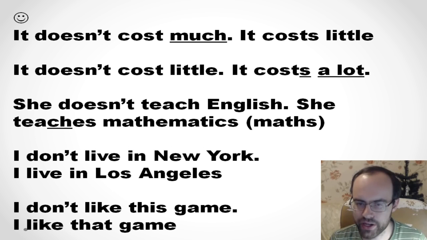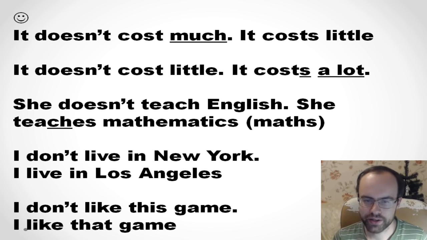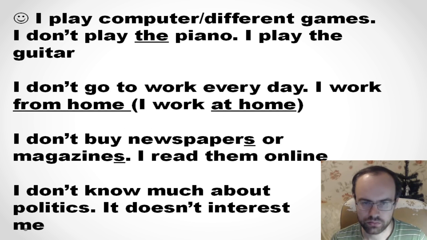So she doesn't teach English. She teaches mathematics or she teaches maths. I don't live in New York. I live in Los Angeles. I don't like this game. I like that game. I play computer games. I play different games. I don't play the piano.